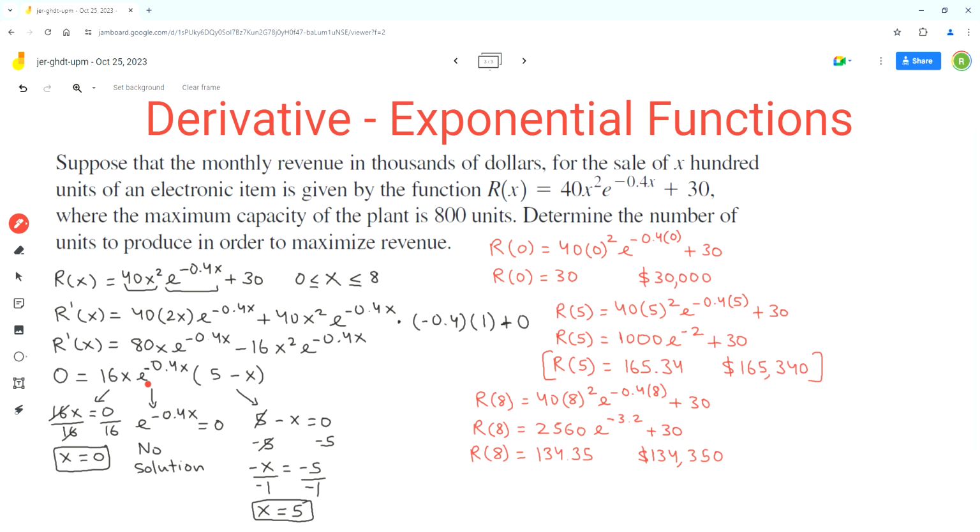So our conclusion will be 500. So 500 units maximize revenue. So this should be the final answer for this problem. So these are the steps you have to keep in mind to solve a problem like this one.